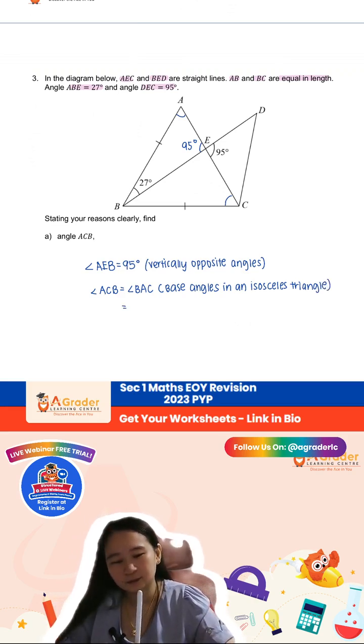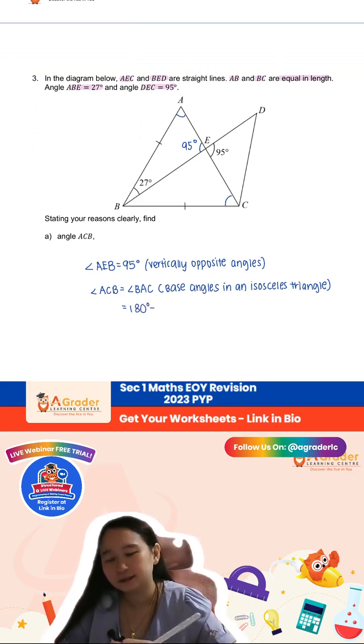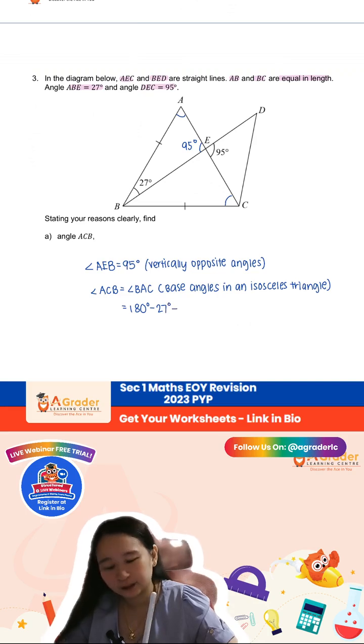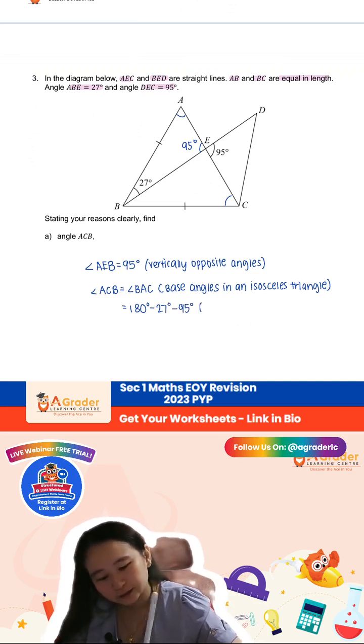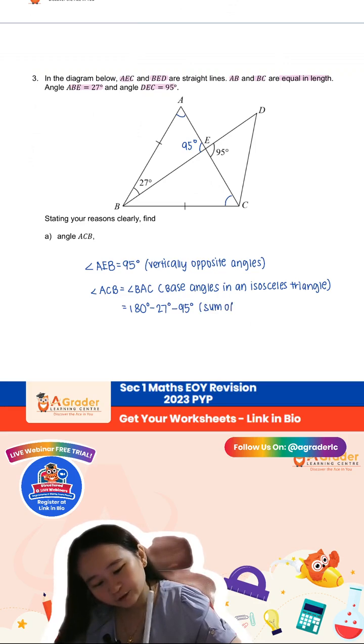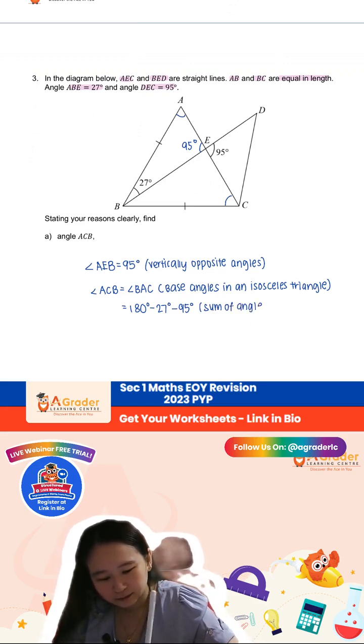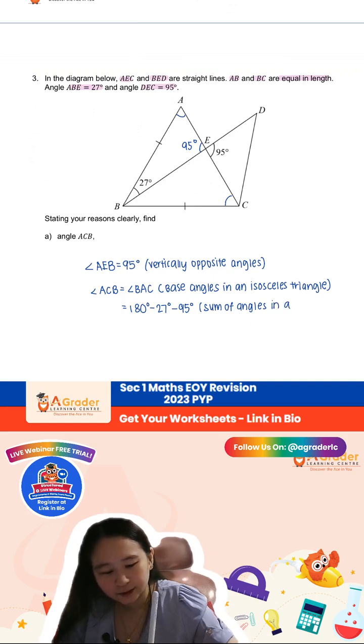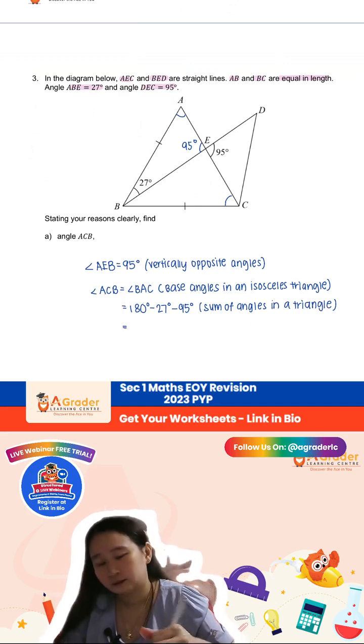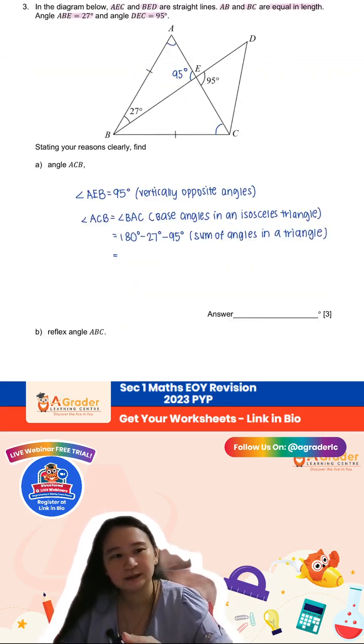Okay, so it's equal to 180 degrees minus 27 degrees minus 95 degrees, using sum of angles in a triangle. So you should get 58 degrees.